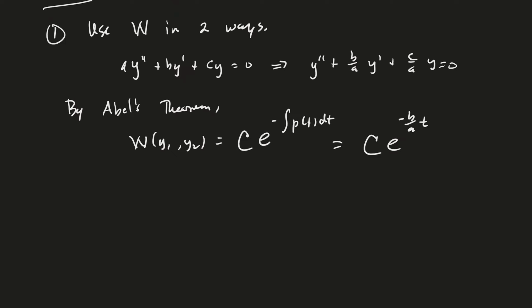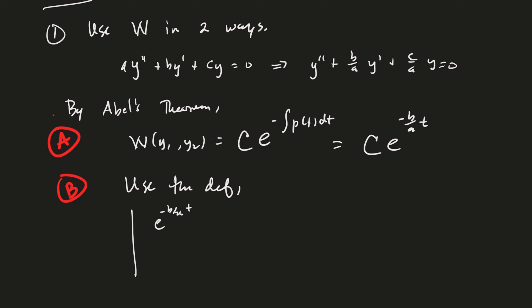What's the other way of, so this is the first way of writing the Wronskian, maybe 1a. The second way of writing the Wronskian is using the definition, 1b, using the definition, right? We have that we're using e to the minus b over 2a t as our first solution. Differentiate it.